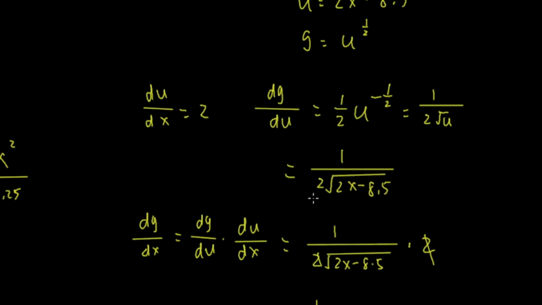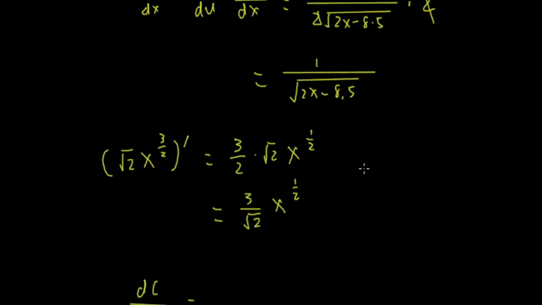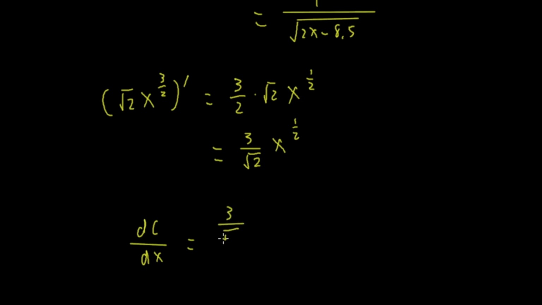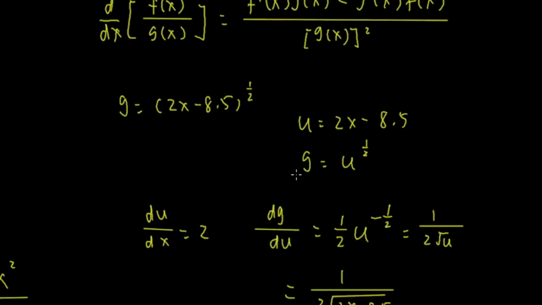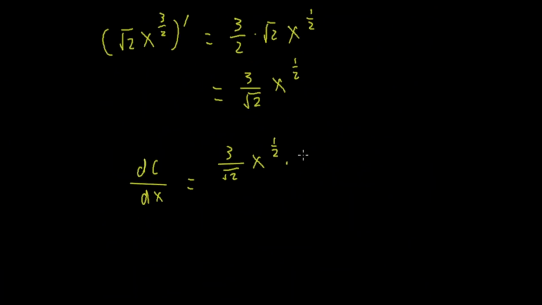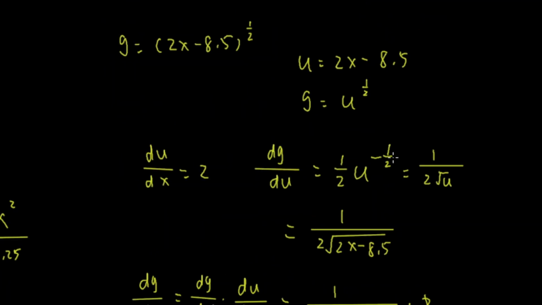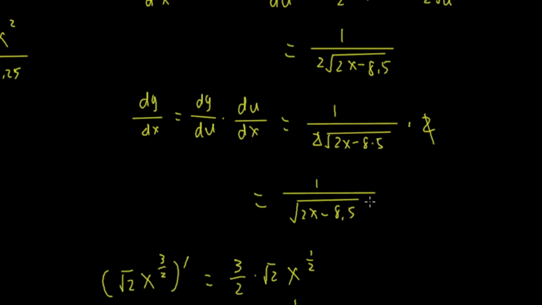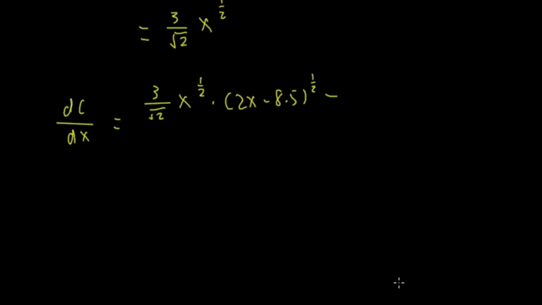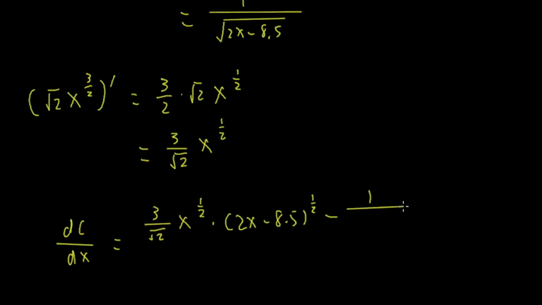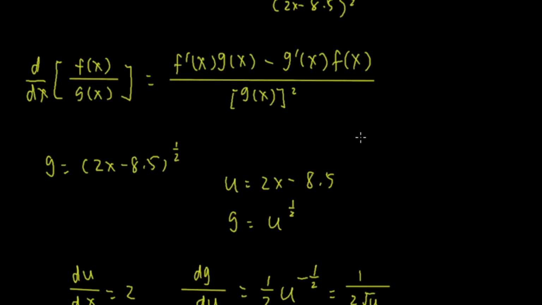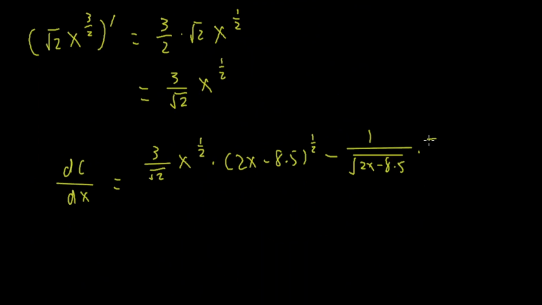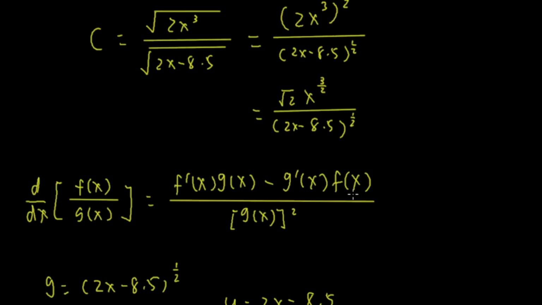And that's equal to the derivative of the first function, which is this, 3 over square root of 2 times x to the power of 1 over 2, times the second function, which is this, minus the derivative of the bottom function, which is this, times the first function, which is this, all divided by the bottom function squared, which is this square.